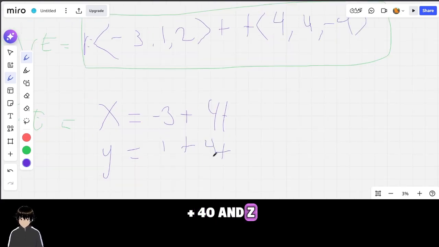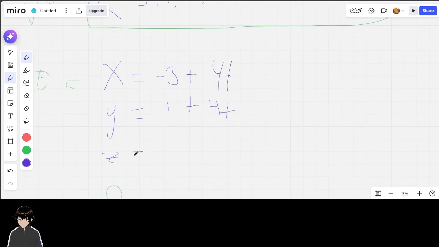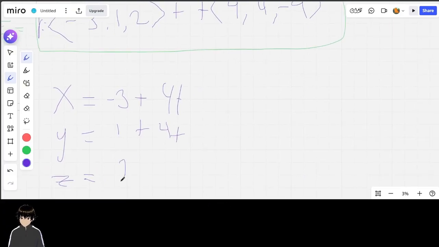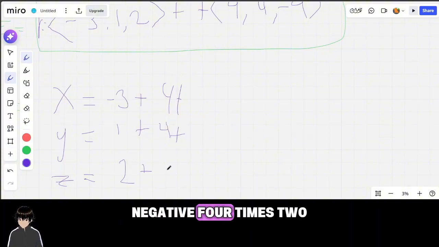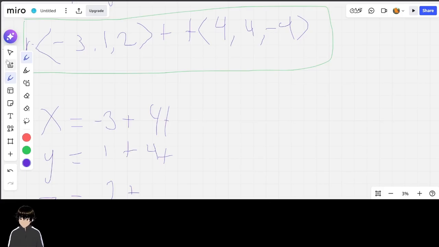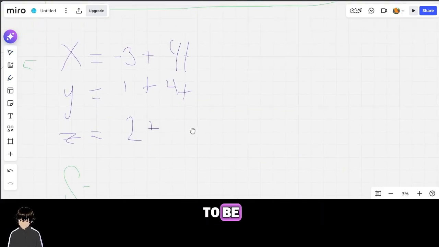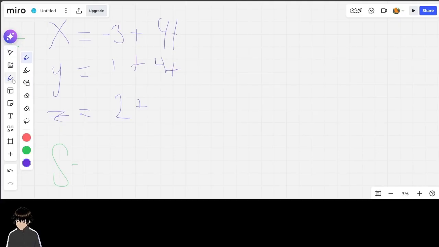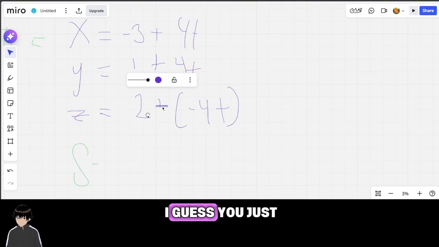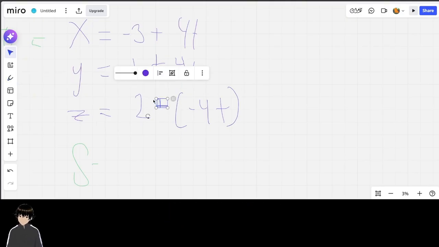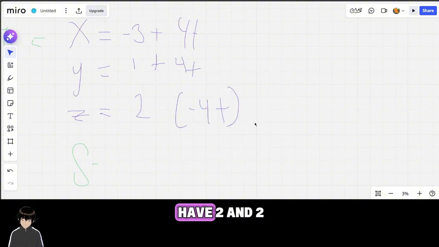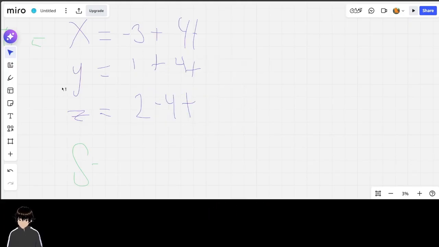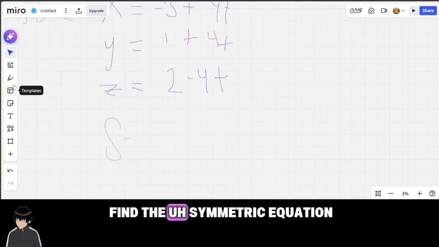Then Z is equal to 2 plus, then we have negative 4 here, negative 4 times t, just negative 4t. Or if you prefer, you can just have 2 minus 4t.